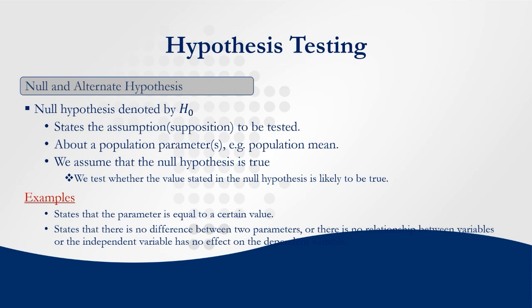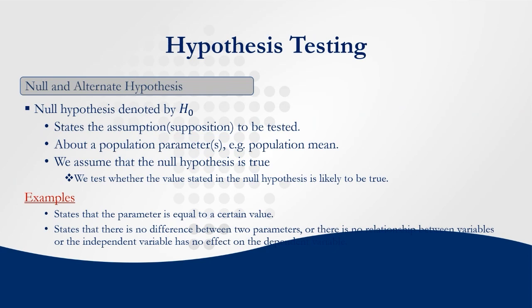I used one example previously, when we spoke about IQ, average IQ. So the hypothesis would be about the average IQ of the population. You are hypothesizing that the average IQ is a certain value. And in terms of the null hypothesis, we assume that the null hypothesis is true.